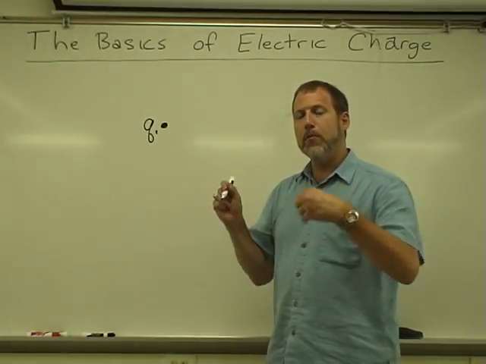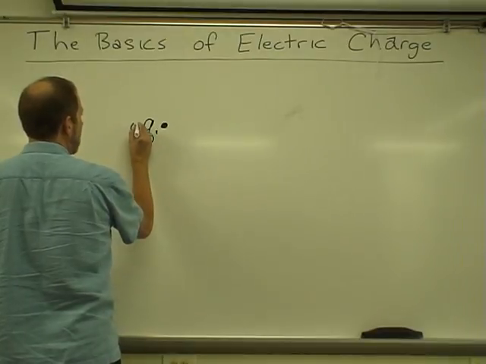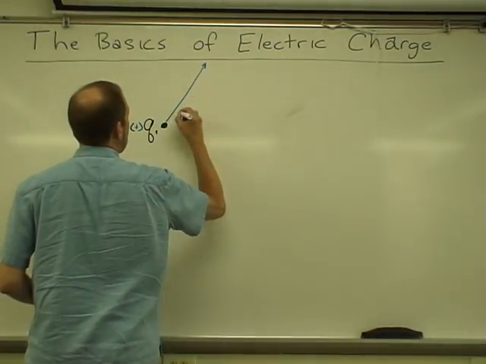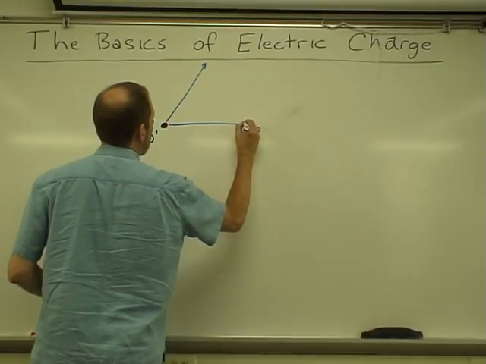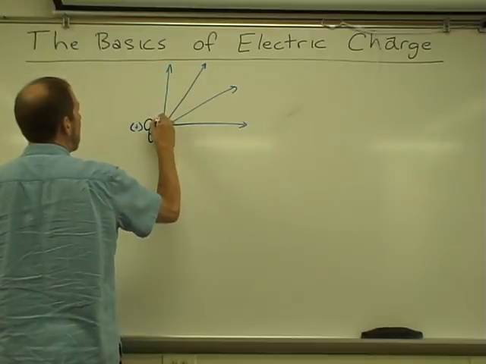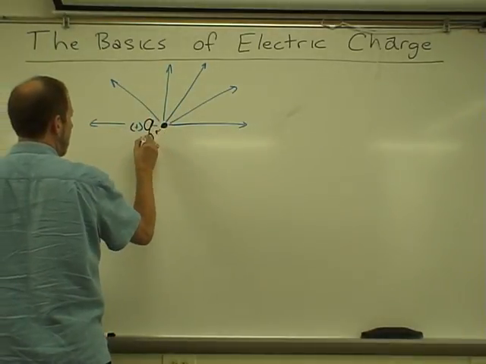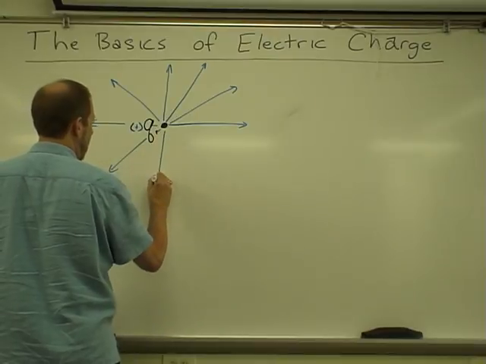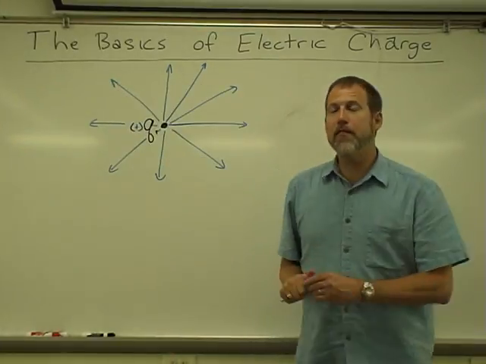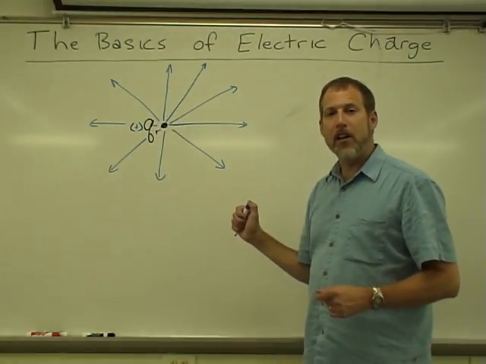Now, when we're drawing fields, if I have a positive charge, I'll draw a number of field lines acting away from this charge.